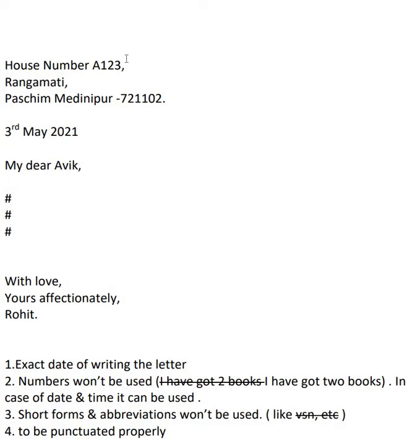Okay, so first one, in a friendly letter you can write to your friend or your family members. The first thing that you have to remember is your address. This is the sender's address.